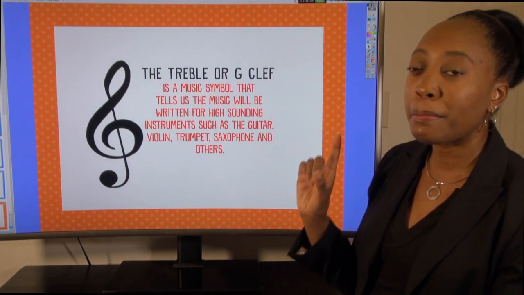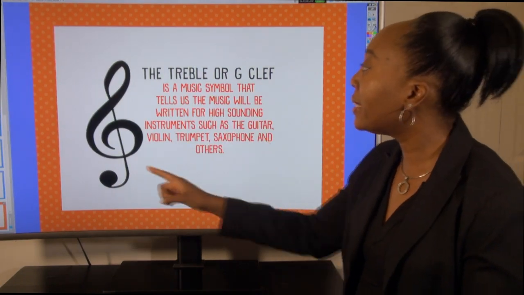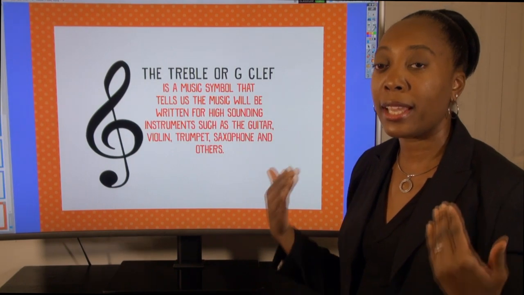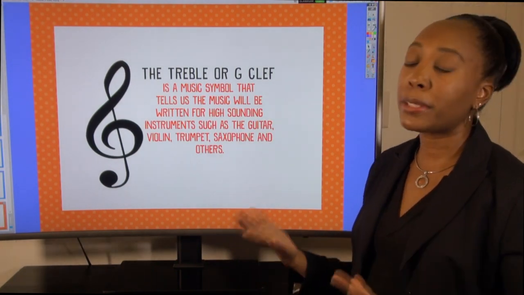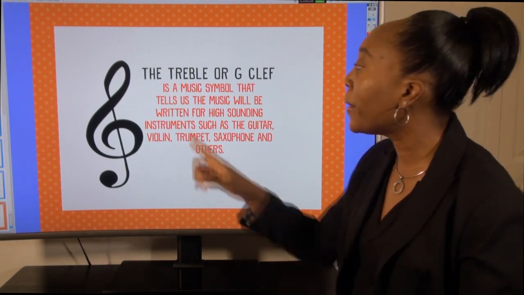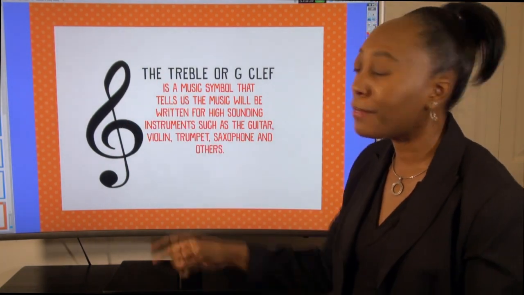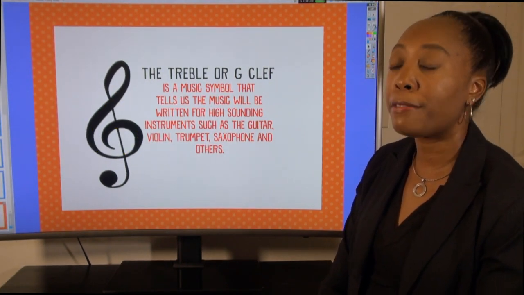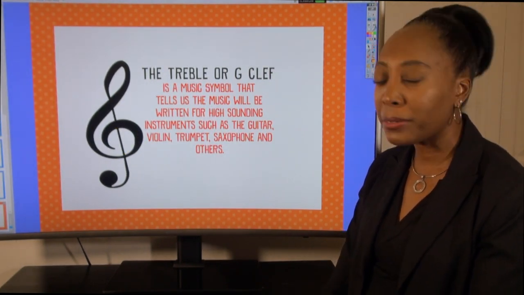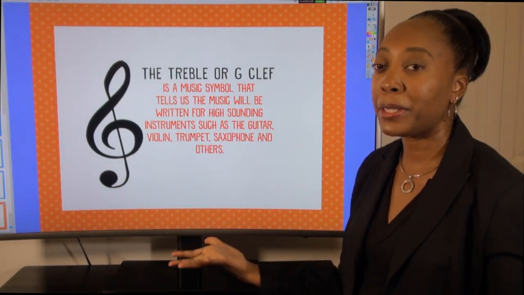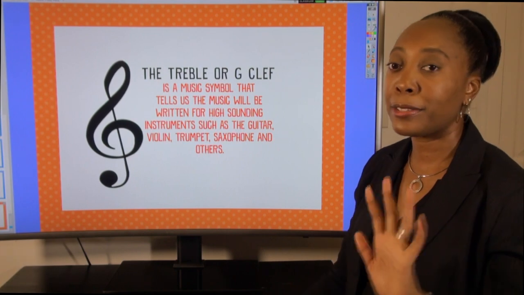All right, now it's important to mention that this beautiful symbol is called a treble clef, but it's also known as a G clef. And some kids like to say, oh, it kind of looks like a G, very fancy G, but it is the treble clef or the G clef. So if you hear someone say, oh, that's the G clef, they're absolutely correct, because it has 2 names.